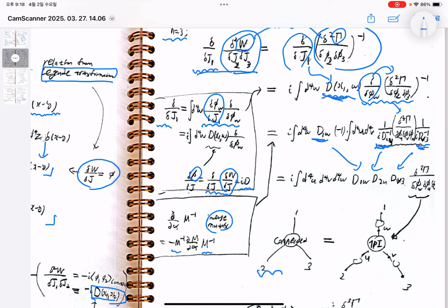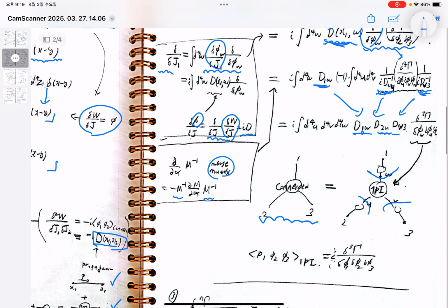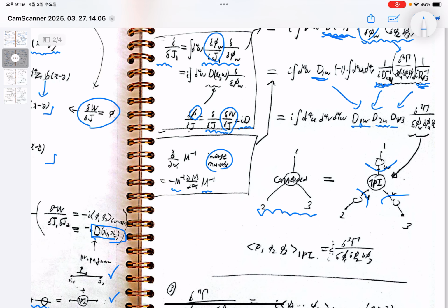So this gives the 3-point correlation function from all the connected diagrams, and there will be the propagators here. These terms give some amplitude diagrams, and the remaining thing is just the 1PI.